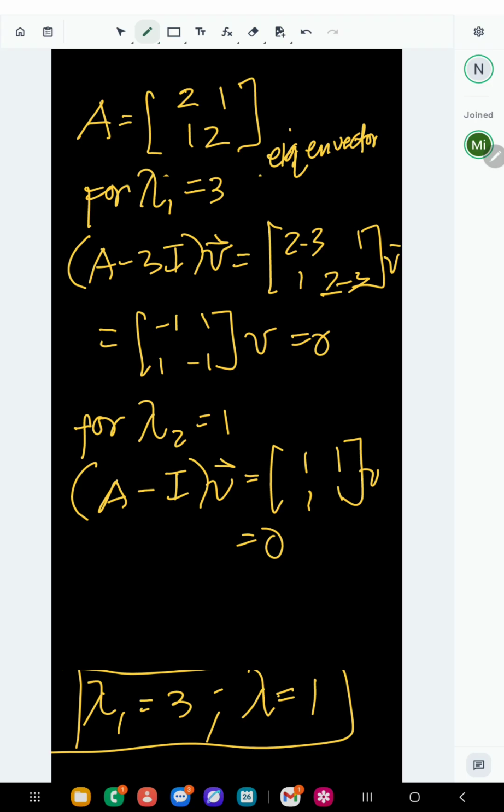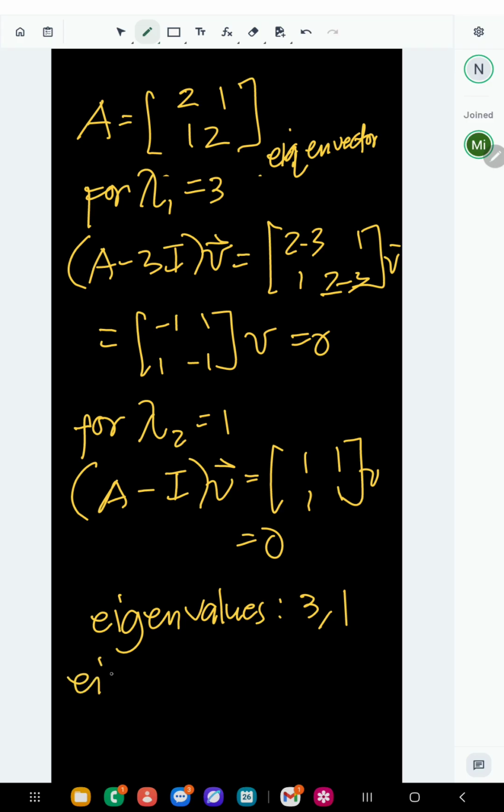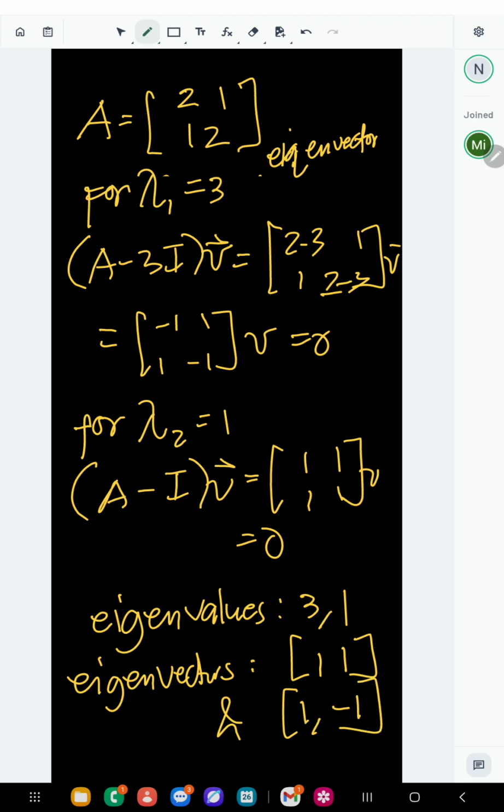Therefore, in this matrix, the eigenvalues are 3 and 1, and the eigenvectors are 1, 1 and 1, negative 1 respectively. So that's how to solve it.